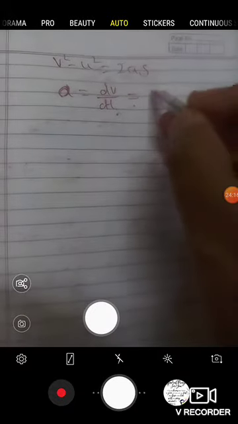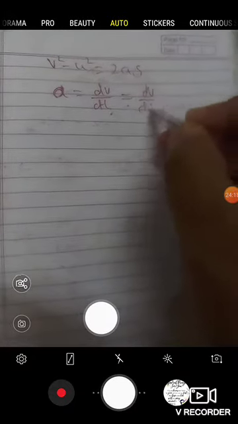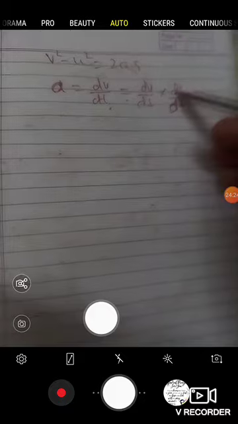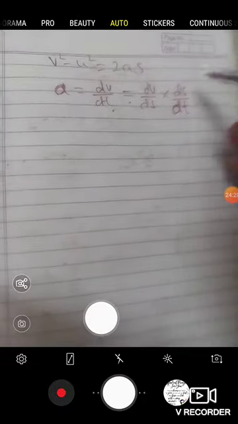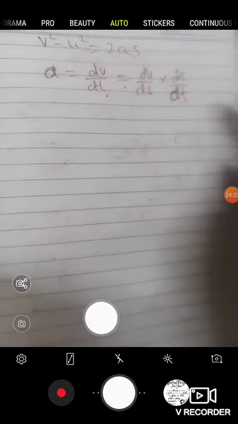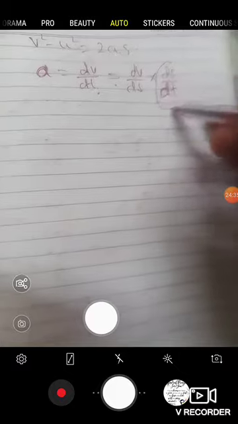Now I can further write as dv by ds into ds by dt. ds and ds will cancel out. We will get only dv by dt again. So there is no harm in this, because I have multiplied with ds and also divided with ds. But this ds by dt can be written as v.